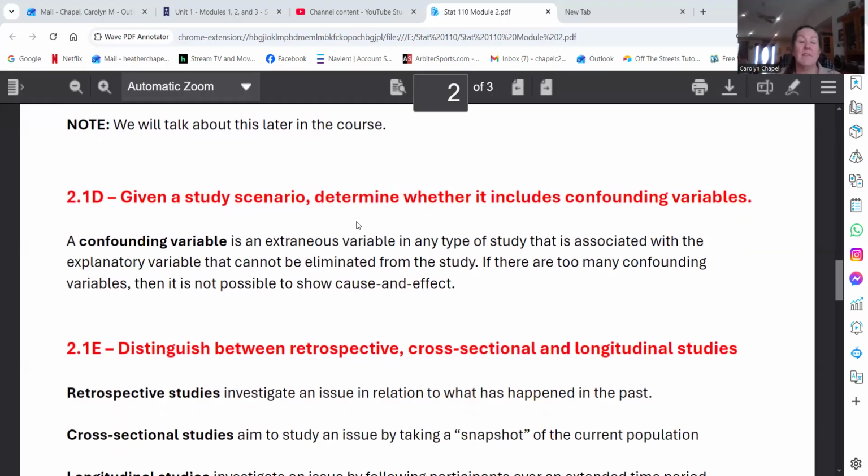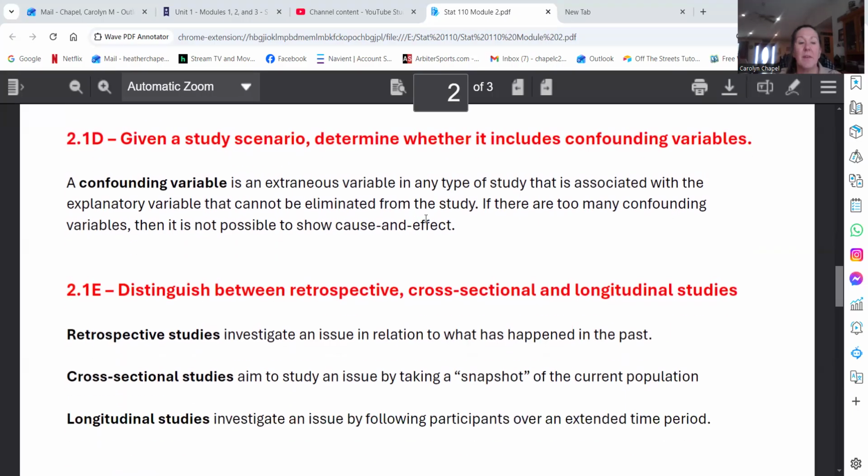When we're doing studies, there's something that we call a confounding variable. Those are things that are there that we really can't get rid of. And it's hard to do that. Sometimes there are so many confounding variables that it's not possible to show cause and effect.